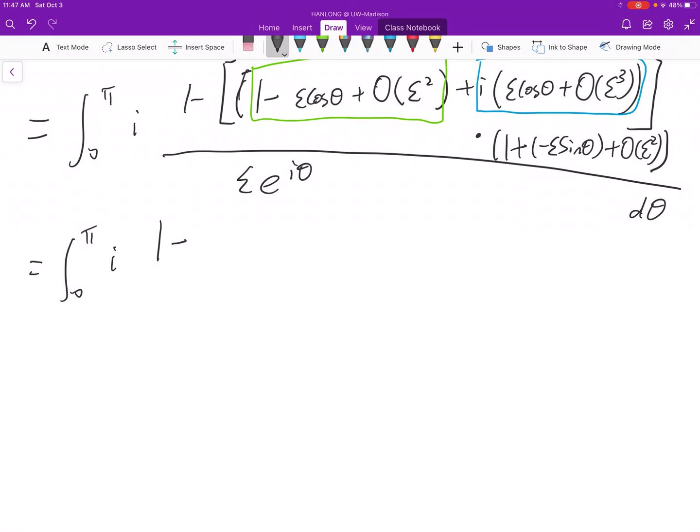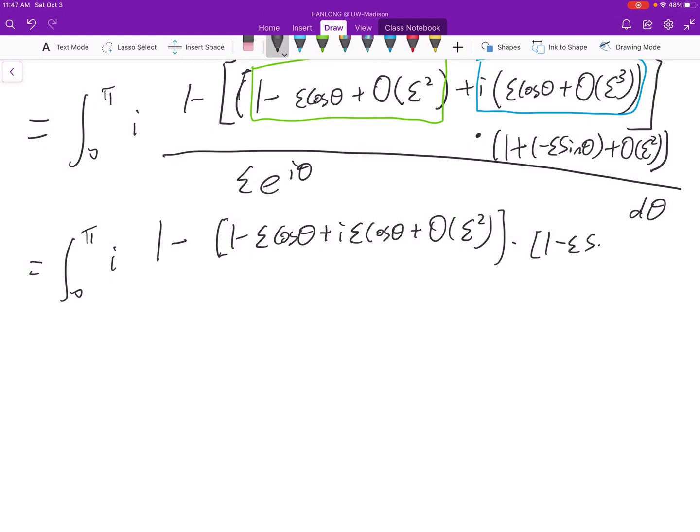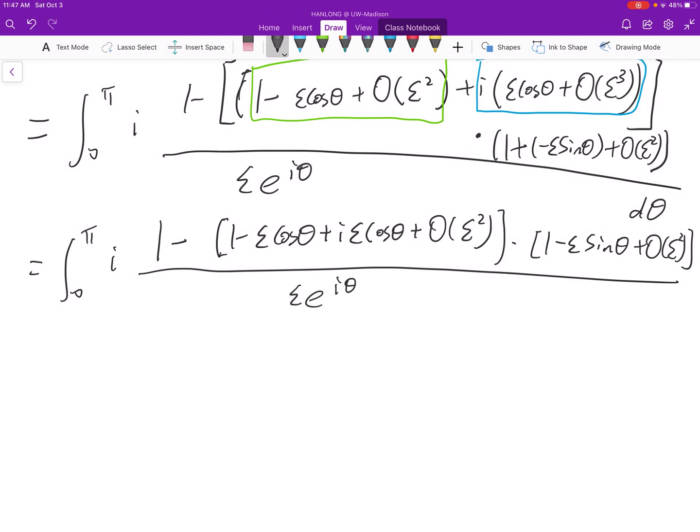So you have 1 minus [1 minus epsilon cosine theta plus i epsilon cosine theta plus big O of epsilon squared], times [1 minus epsilon sine theta plus big O of epsilon squared], divided by epsilon exponential i theta.